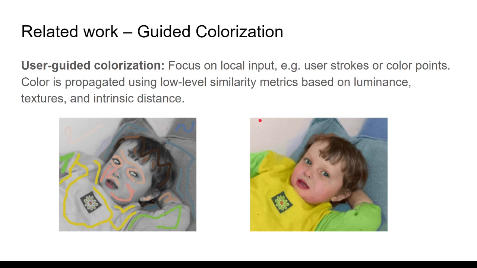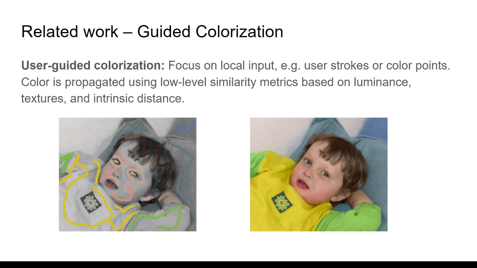Next, I would like to introduce some related work of our project. First, I'm going to introduce guided colorization. There are two kinds of guided colorization, user-guided and example-guided. The user-guided colorization focuses on local inputs, for example, user strokes or color points.